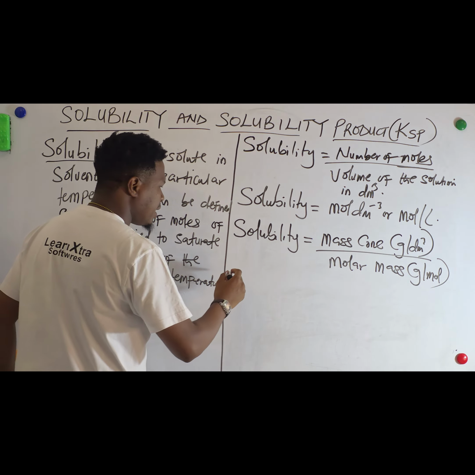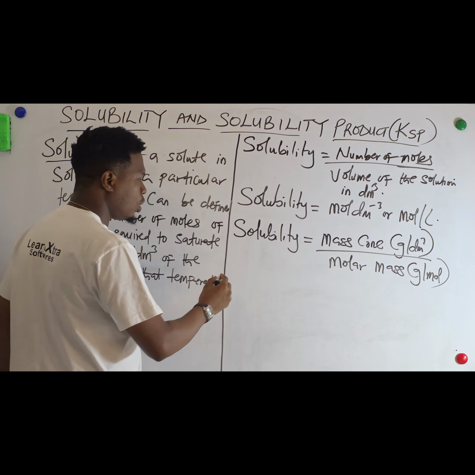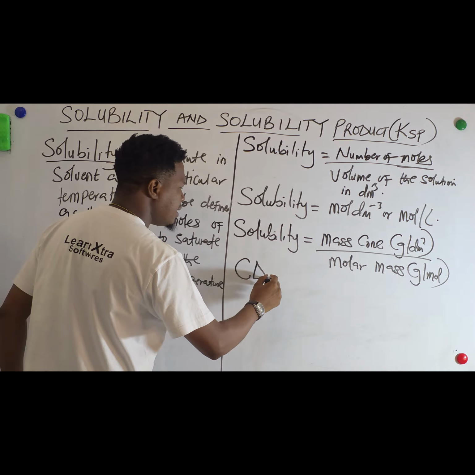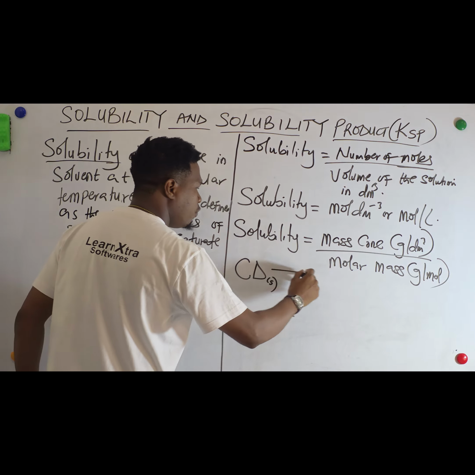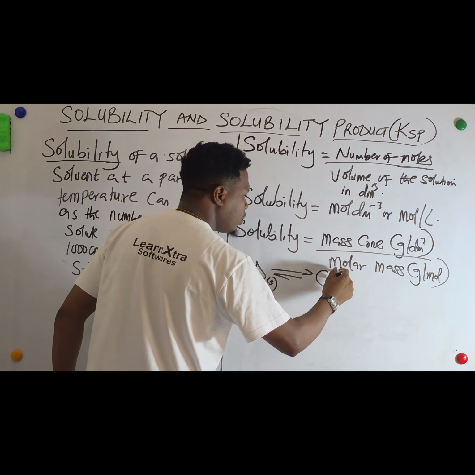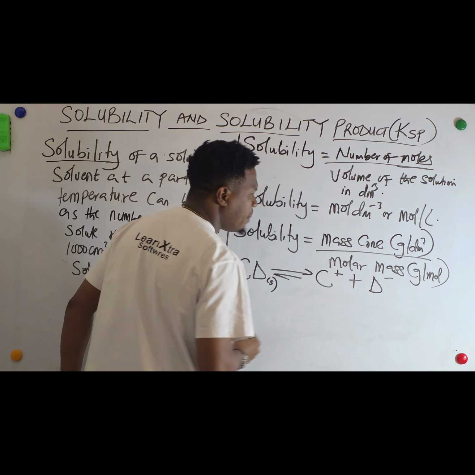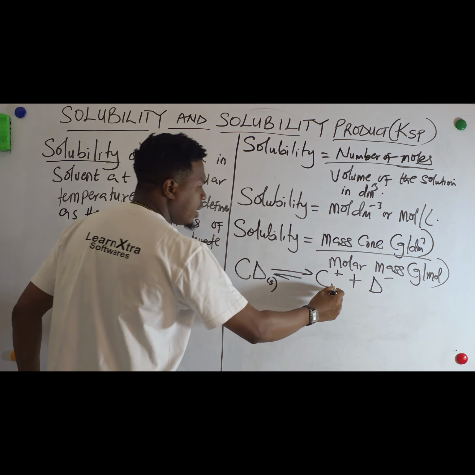We can also express the solubility of a solid substance. If we have a compound CD in solid state and we dissociate it, we are going to have C plus and D minus in aqueous state.